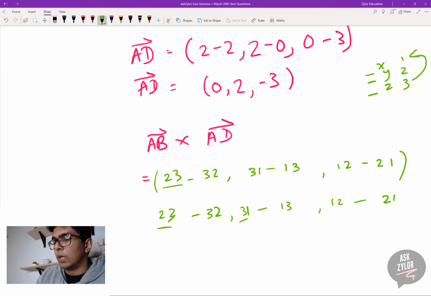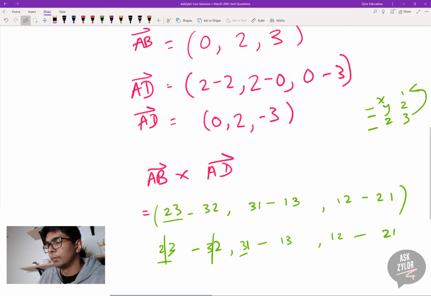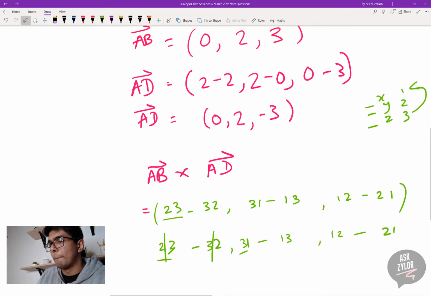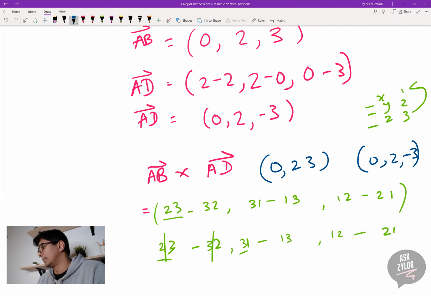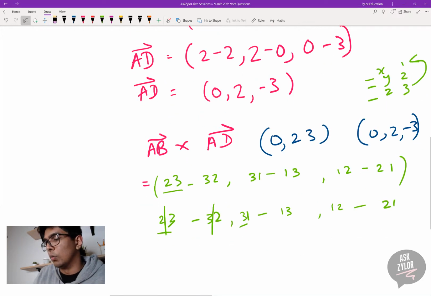Another thing to note is that the first number of each pair is the component of the first vector, and the second number is the component of the second vector. So if I have 0, 2, 3 as my first vector and 0, 2, negative 3 as my second vector, what's my cross product?